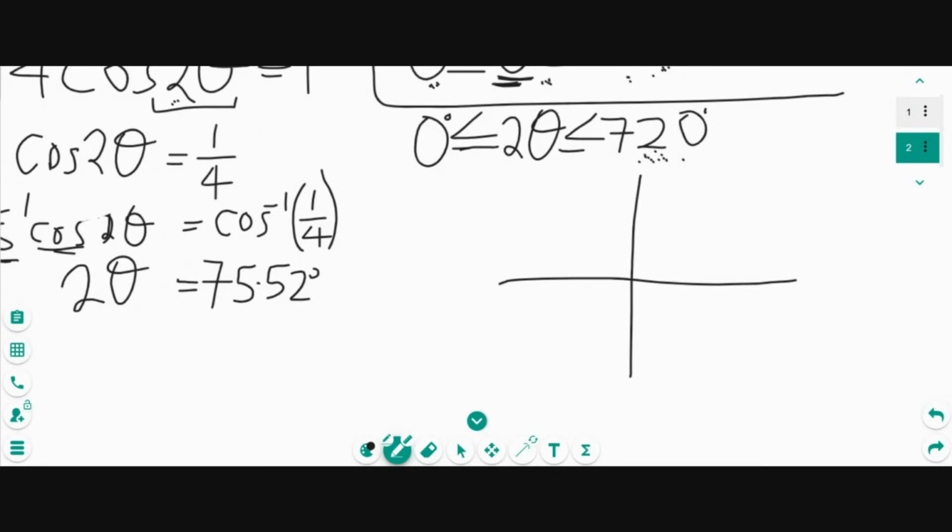I took cos inverse of a quarter, which is positive, so I'm going to put the angle that I have gotten in places where cos is positive. The 2 quadrants which qualify are the first quadrant where all of them are positive. I'm going to put there that angle 75.52, and also the last quadrant where cos is positive, and that is 360 minus 75.52.